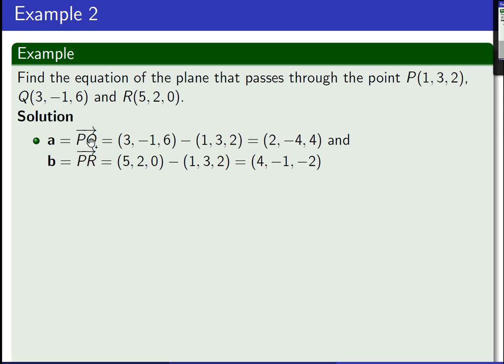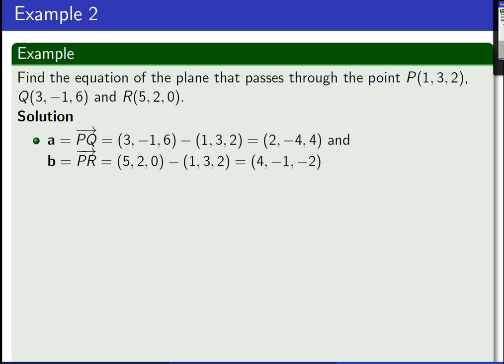That's why we need to find the vectors PQ and PR. So PQ will be (2, -4, 4), which is 3 minus 1, minus 1 minus 3, 6 minus 2.